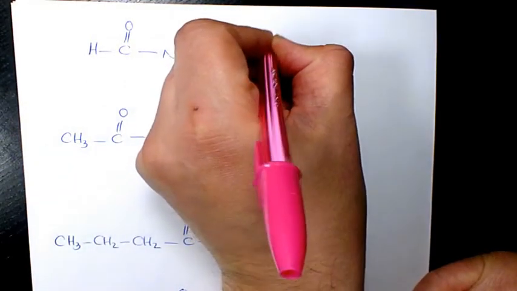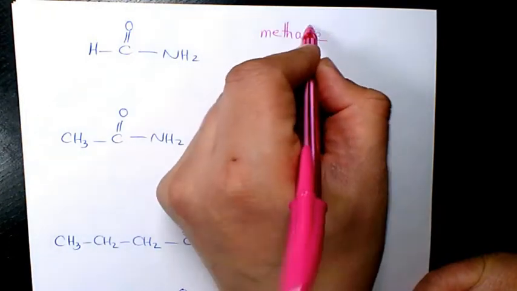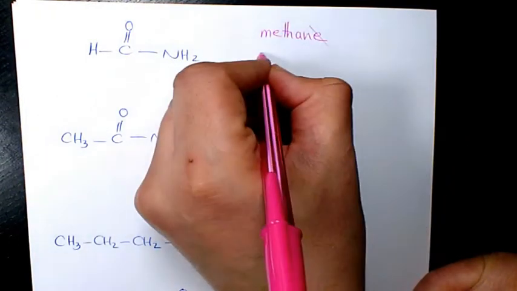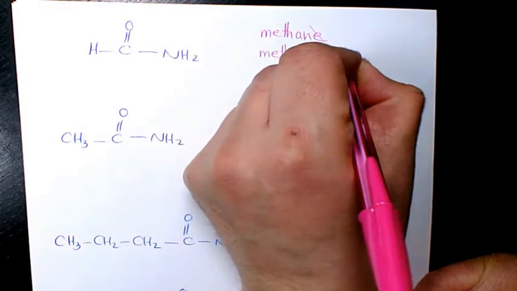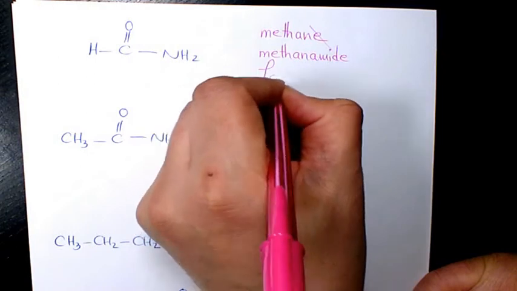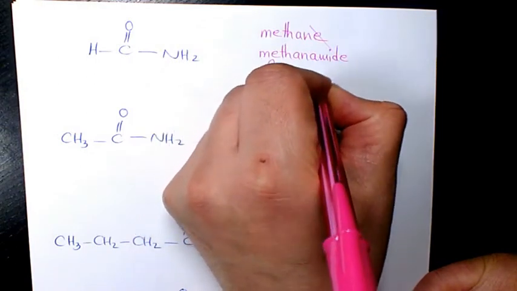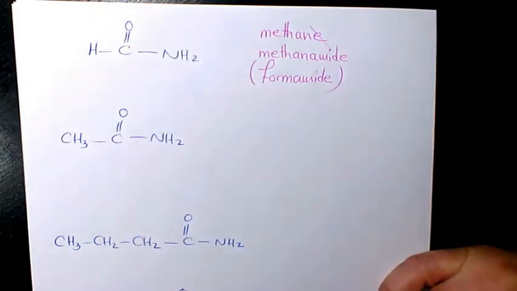That's why, instead of methane, we take the E out and add amide. So it's going to be methanamide. You can also call it formamide. That's another name for methanamide.